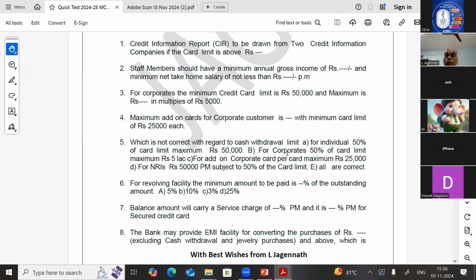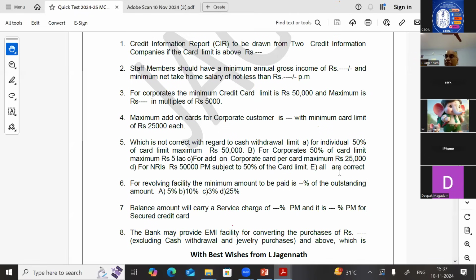For NRIs, rupees 50,000 per month, subject to 50% of the card limit. That is also correct. There is no concept of per month for the others. For NRI, it is rupees 50,000 per month, with the condition of maximum 50% of the card limit. So A, B, C, D all are correct.